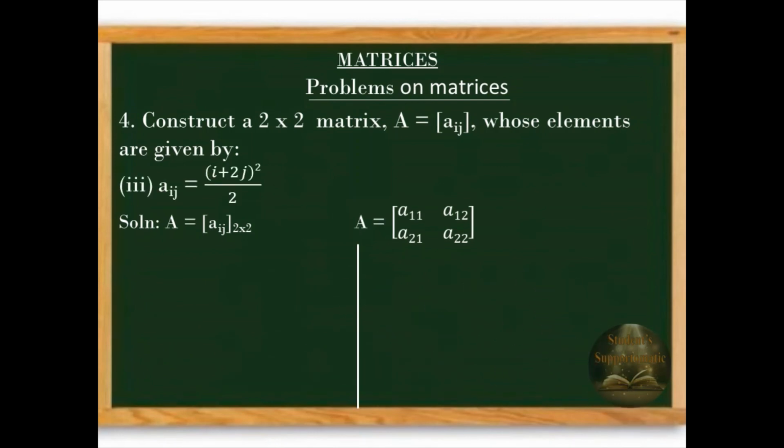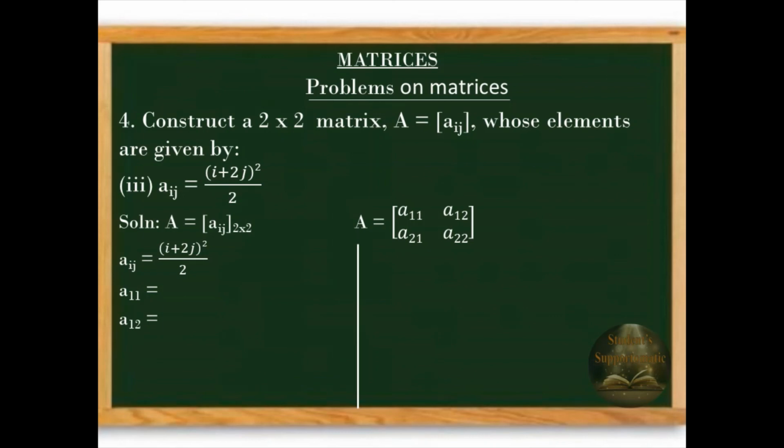This is similar to the previous one. So (i plus 2j) whole square by 2. You can easily calculate a11 by substituting the i value and j value as 1 and 1. 1 plus 2 into 1 is 2, that is 3 square by 2, that is 9 by 2. It may be the answer.